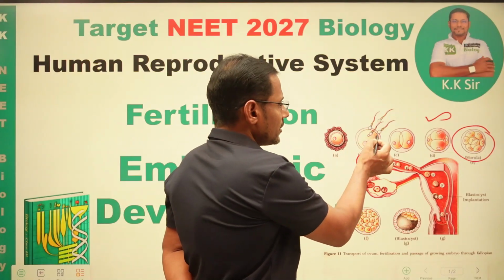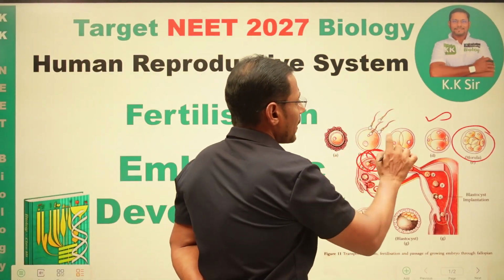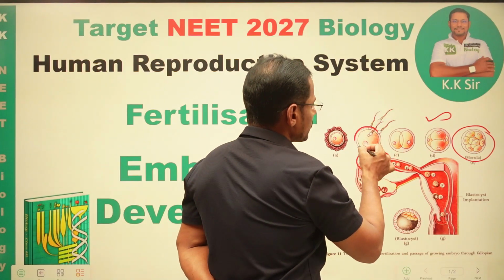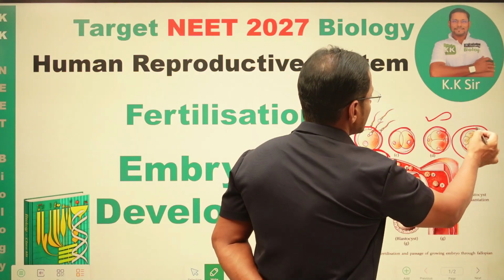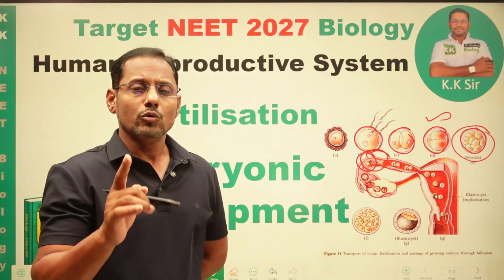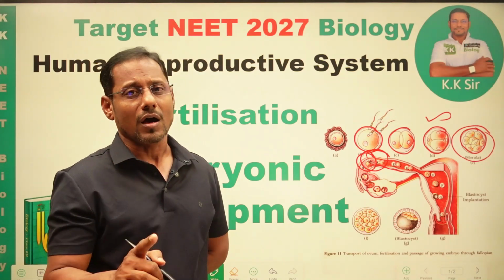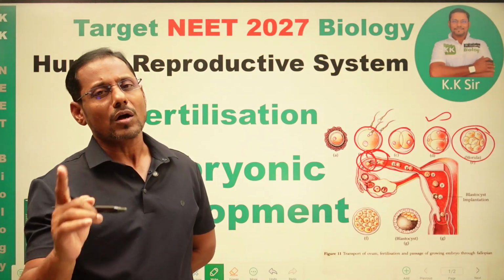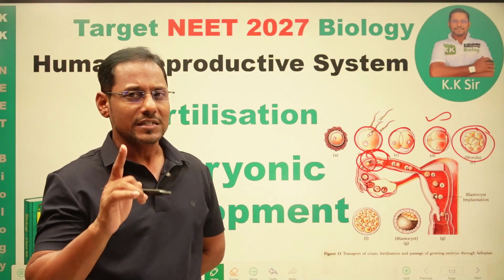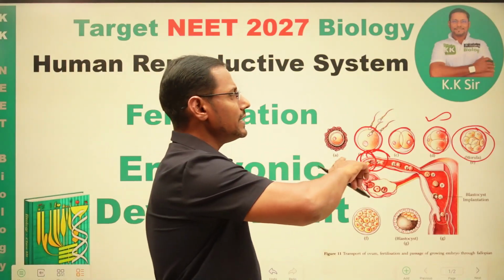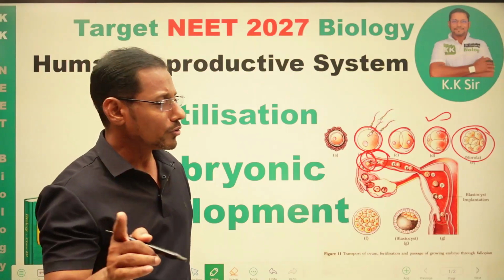Now this is the zygote here. Observe the size of the zygote first. Up to the morula, the size is constant. The size is not going to be increased. Though it is divided mitotically, and though there are many cells in the morula, the size of the zygote and morula is the same. But the number of cells is increased.